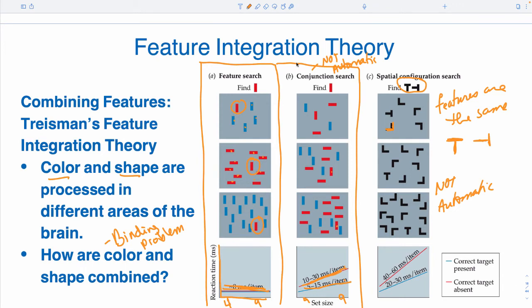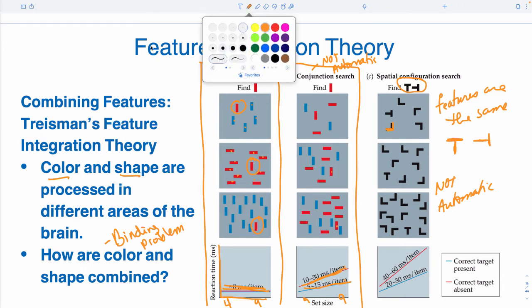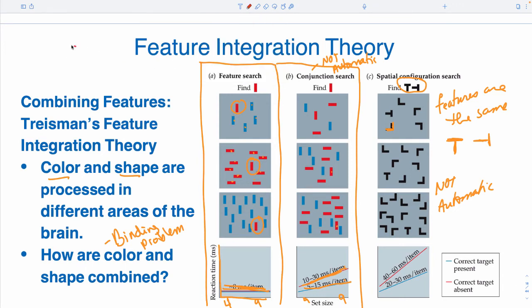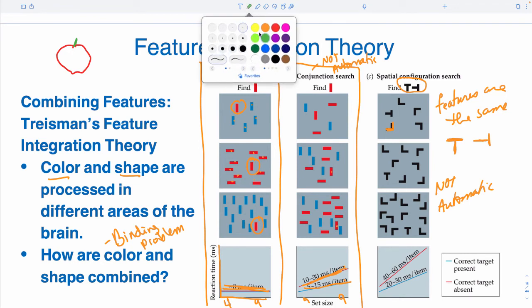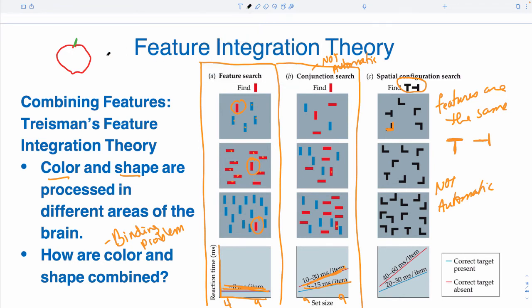So if we're looking at, say, a red apple, this object has both a shape, a size, and a color, all processed by different areas of the brain that have to get bound to this one object.